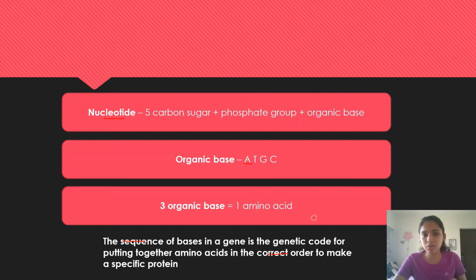As you can see, one amino acid is made of three organic bases. The structure of a protein is determined by the arrangement of amino acids, and the arrangement of amino acids is determined by the organic bases. The sequence of bases is the genetic code for putting together amino acids, which make a protein. Just remember, protein, amino acid, bases. That's the order of it all, the hierarchy. This is a lot of technical terms which is in your mark scheme. You can mug up this phrase if you want to, but I feel it's important to understand it and then explain it.